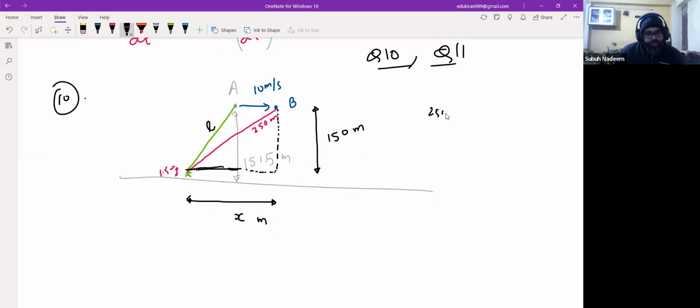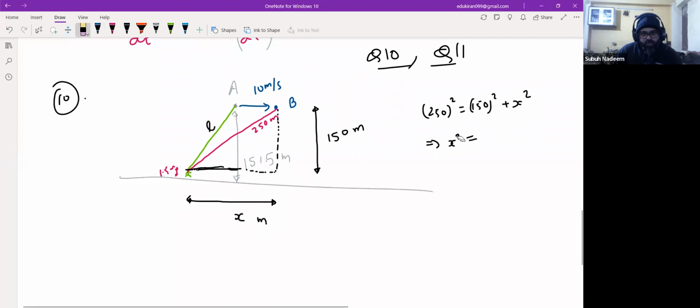So 250 square is equal to 150 square plus x square. From there you get x square as 250 square minus 150 square. That is 62500 minus 22500. It will be 200 meter, the horizontal distance at that moment.